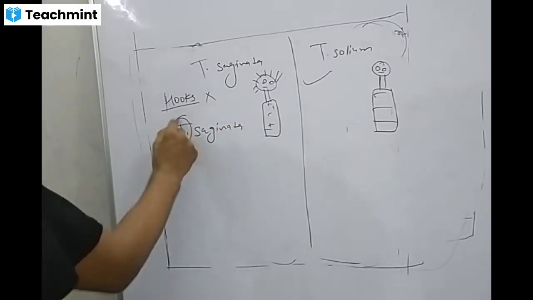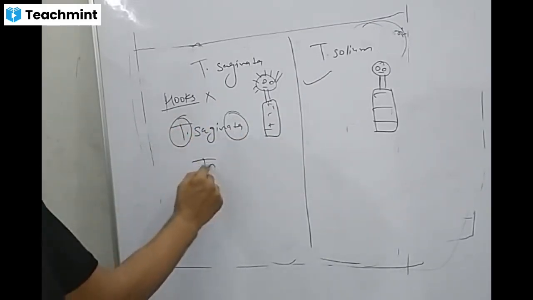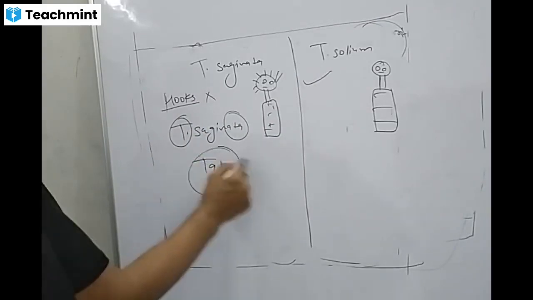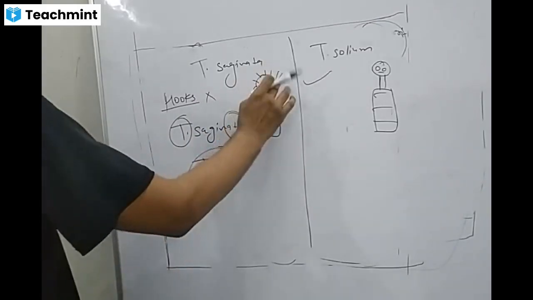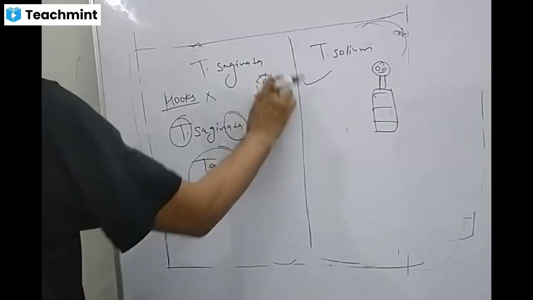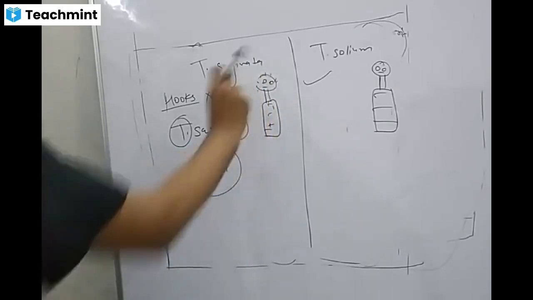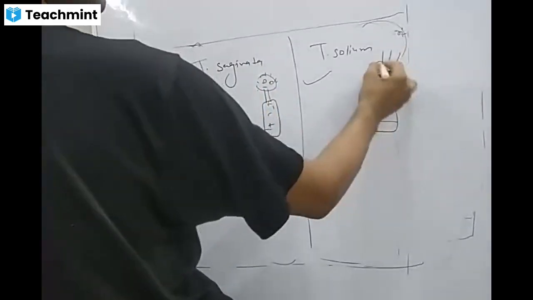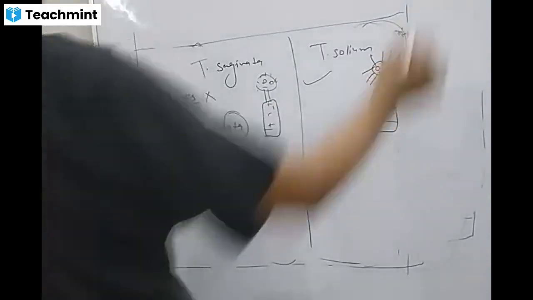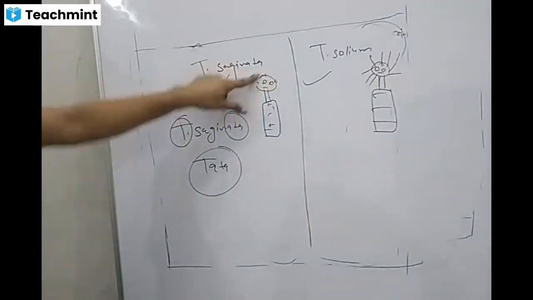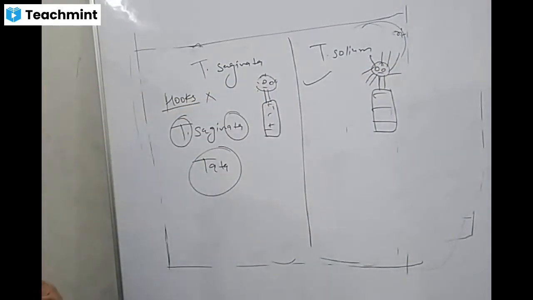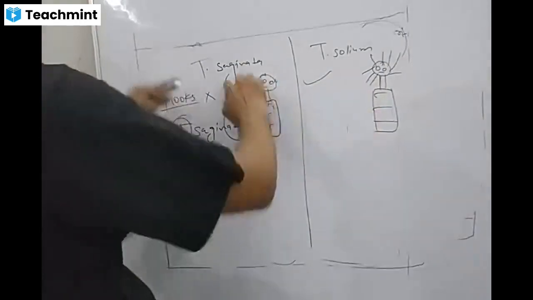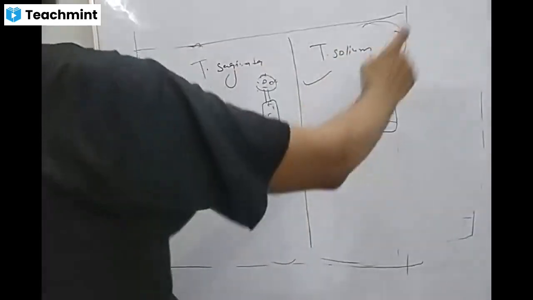So they have said tata to the hairs. So these are absent here and these are present in solium. So there is no hair in case of saginata. So this was the MCQ. Hooks are not present in saginata, and in solium these are present.